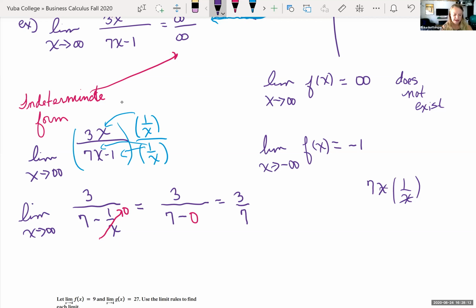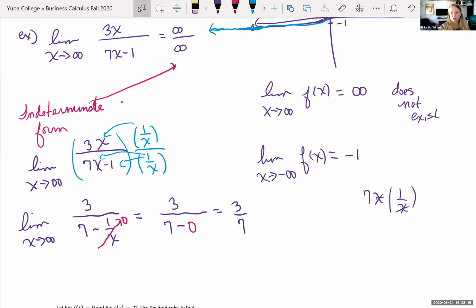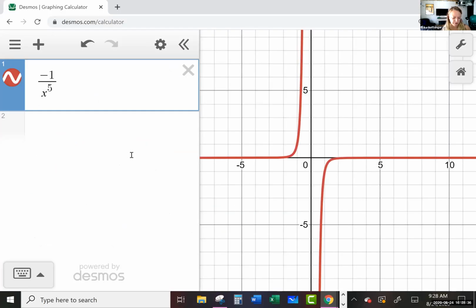So if we go back and we look at what this graph looks like in Desmos, we'll see that there's a horizontal asymptote. As x is going to infinity, that y value is getting closer and closer to 3/7. See if I can pull that up. So let me just graph that real quick.